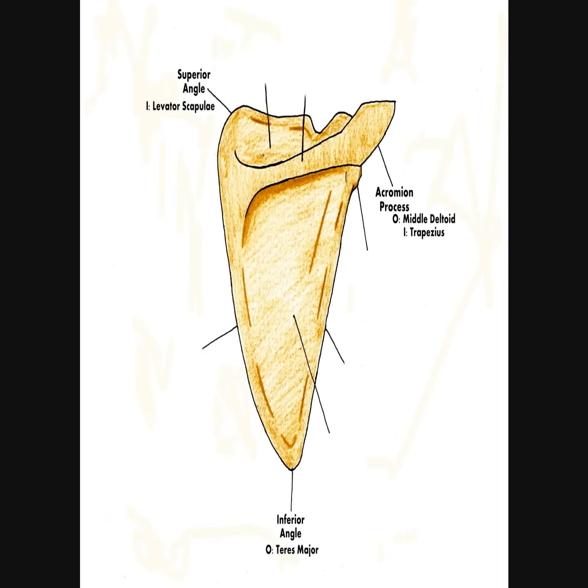Okay, so we're going to move up to the structure just below the acromion process. That is a little tiny piece of a bone that sticks out. It's named after its location in relation to the glenoid fossa, which is just above it. If the glenoid fossa is just above it, this is just below it, and the term for below is infra. This is the infraglenoid tubercle.